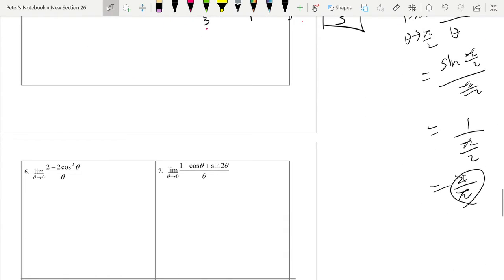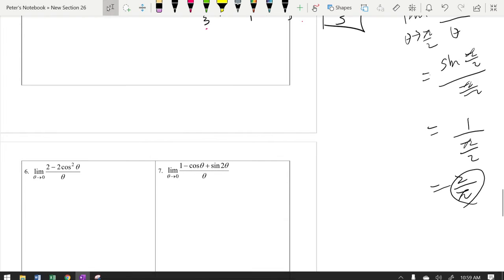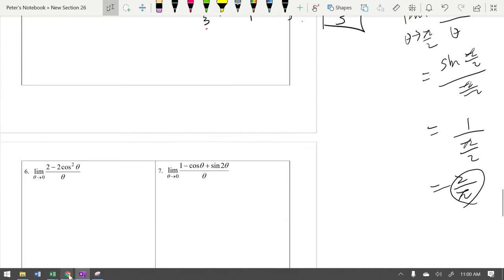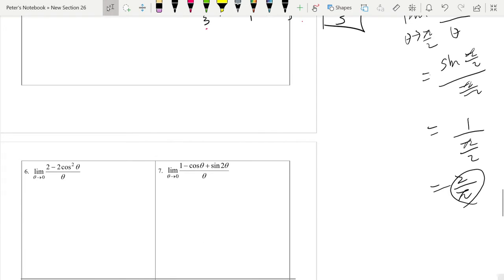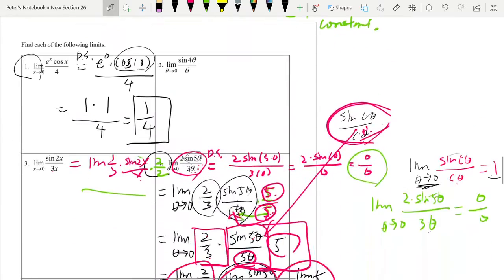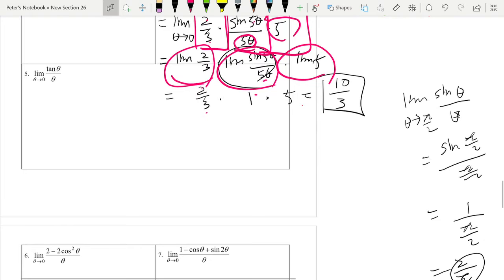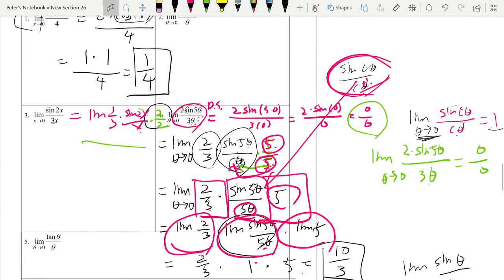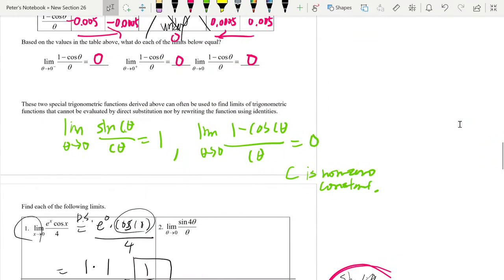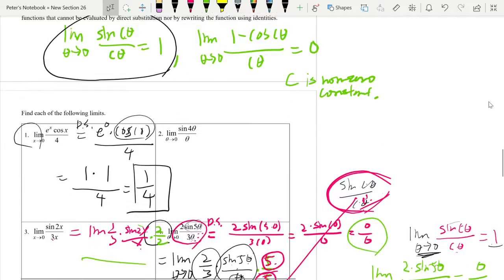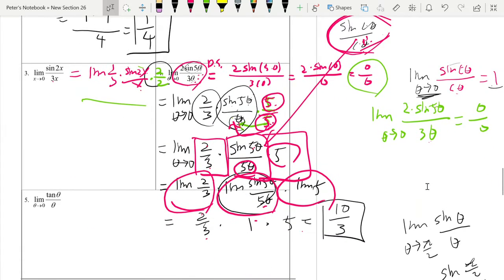And 2 over pi is around the ballpark of 2 over 3.14. So don't think of sine theta over theta as always equal to 1. It's just the limit of that as theta approaches 0 that is equal to 1, not sine c theta over c theta itself. I want to make that distinction.